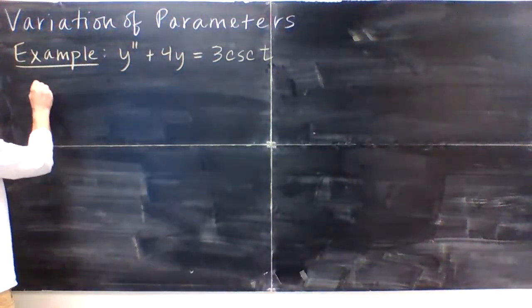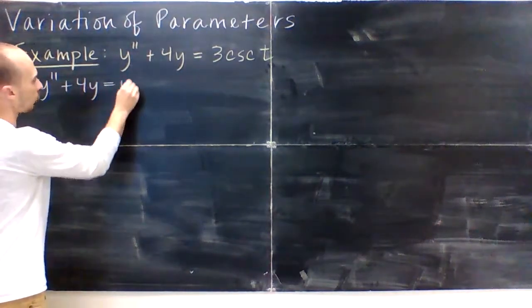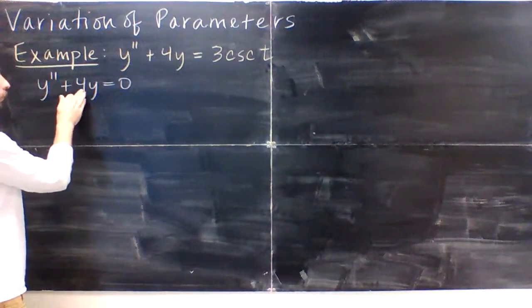I can say that y double prime plus 4y equals 0 gives me the characteristic polynomial r squared plus 4 equals 0.